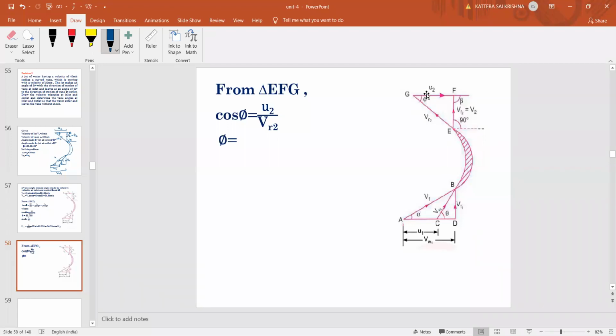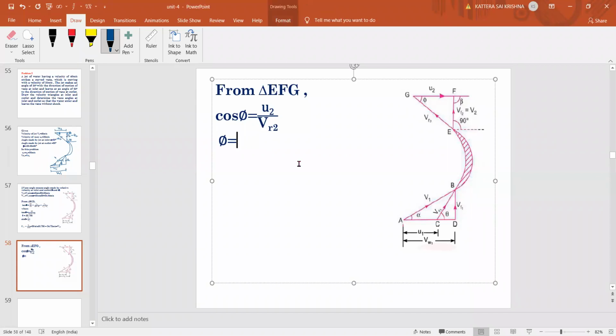Adjacent is U2, so U2 by VR2. So phi equals cos inverse of U2 by VR2. Very simple to calculate. If you have a 90 degree angle at outlet, the phi angle can be calculated very easily, and then we can find VF2 also very easily.